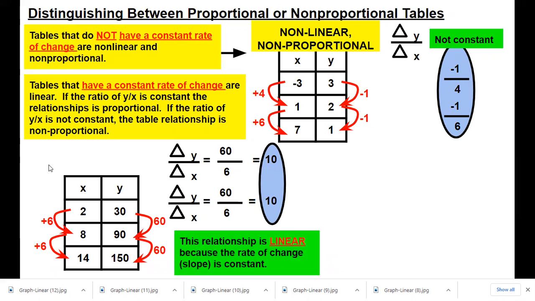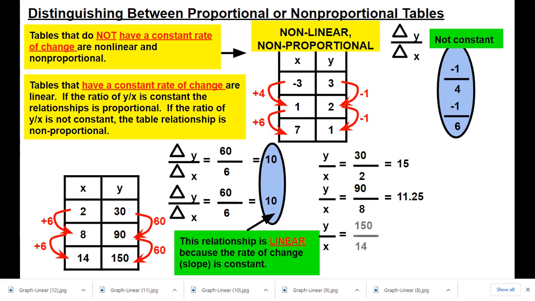Now we have to check for proportionality. We use the different formula. We use y divided by x. So we take each point and we divide it. So 30 divided by 2 is the first point. That gives us 15. 90 divided by 8 is the second point. That gives us 11.25. And then 150 divided by 14 gives us 10.7.